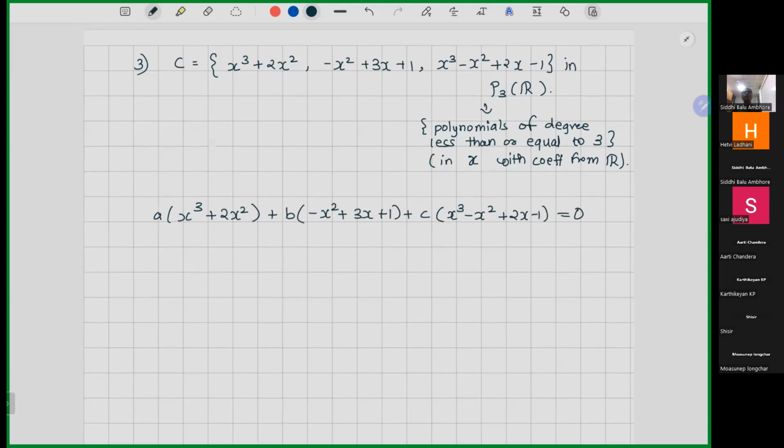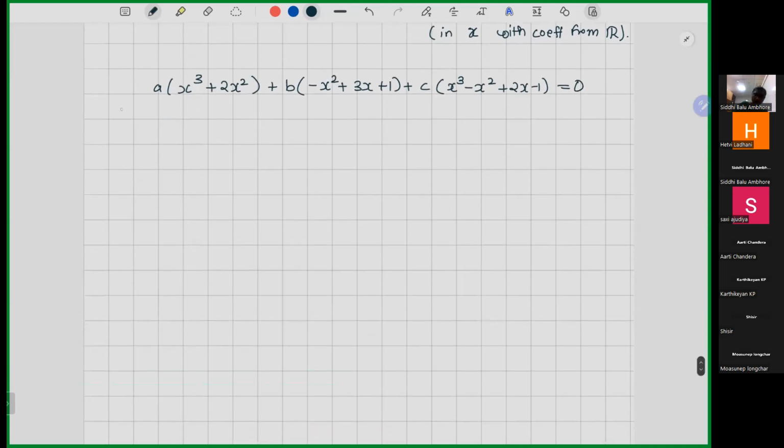So this 0 is the 0 of our P3R, that is not the normal 0 in real numbers R. So what does this imply? I will accumulate all the coefficients of x cube, x square, x and 1.